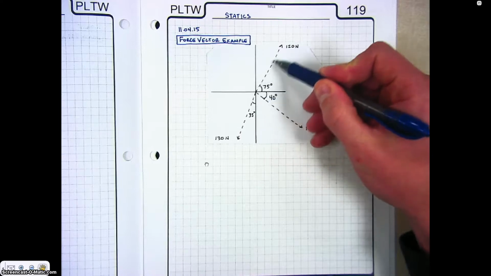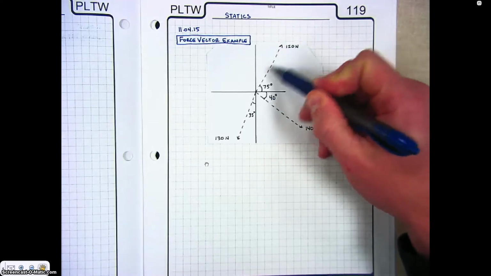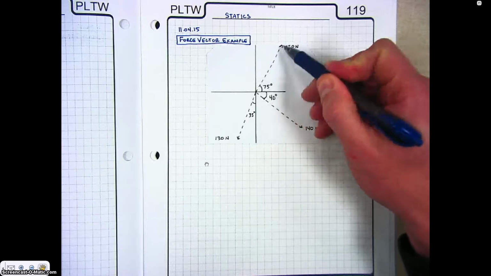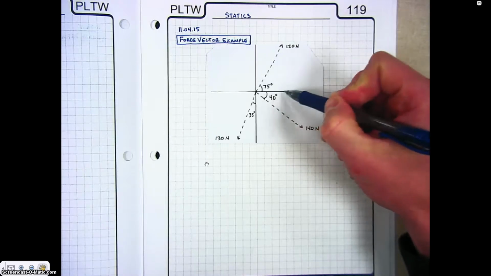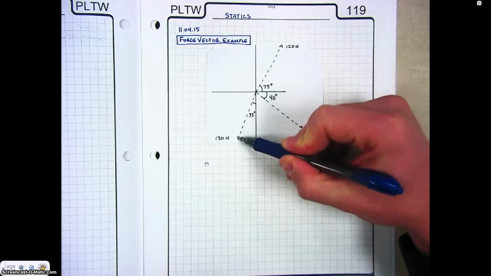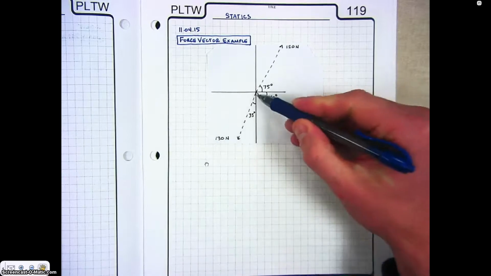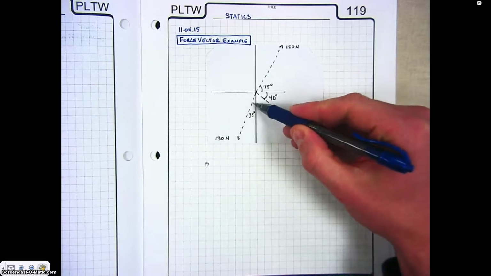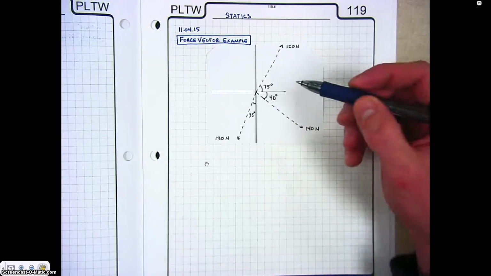One person is pulling at 120 newtons. That's the force they can use to pull with, like tug of war, and they're located 75 degrees from the x-axis. Person B is down here. They can pull with a force of 130 newtons, and they're located 35 degrees in quadrant 3 from the y-axis.